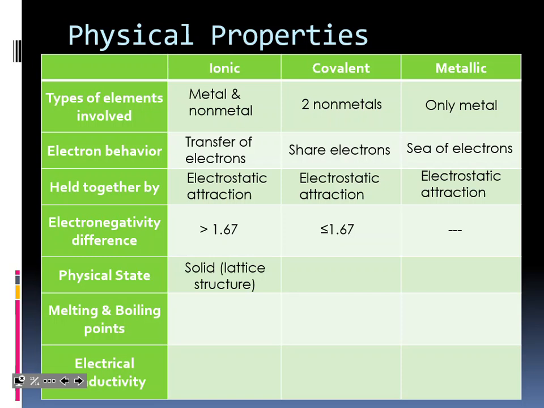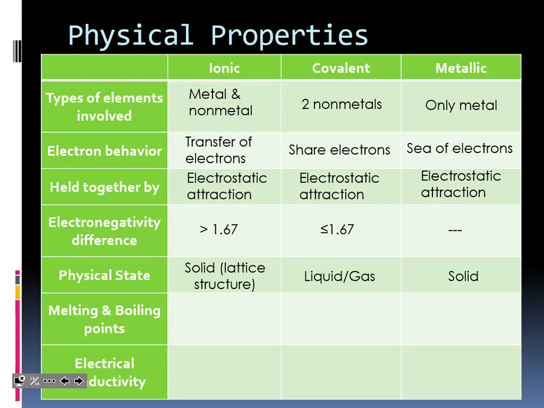Gas or liquid, with water being the primary example of the liquid, but just our atmosphere, the nitrogen, oxygen, and other gases in our atmosphere, tells you that covalent compounds are usually in the liquid or gas phase. There are a few covalent compounds that are solid, of course, but the majority of them are going to be more in the liquid or gas phase. And metallic, of course, are solid. You know that most metals are solid at room temperature, mercury aside.